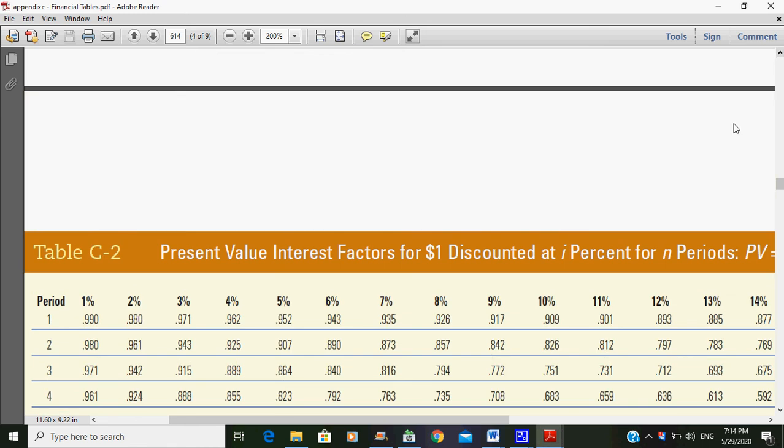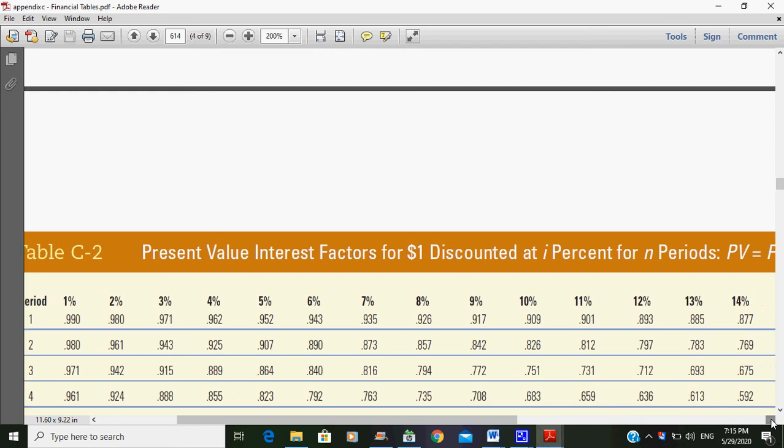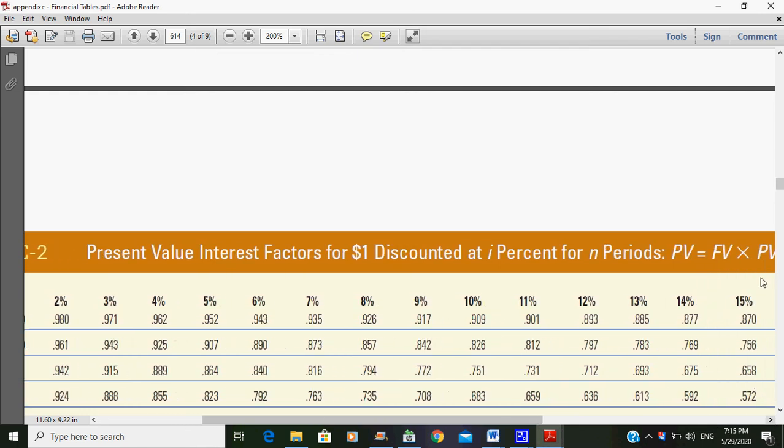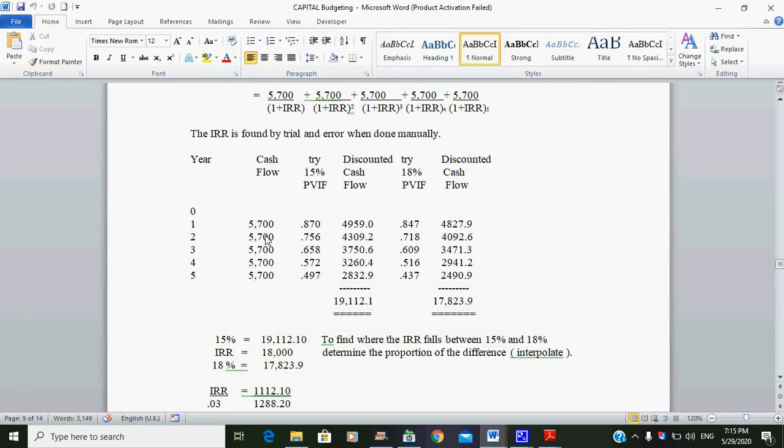You go to 15%, 1 year, 0.870, right? And so they got the 0.870 right here. They multiply these two, and you get this. You do it for all of them, and you have all the discounted cash flows.